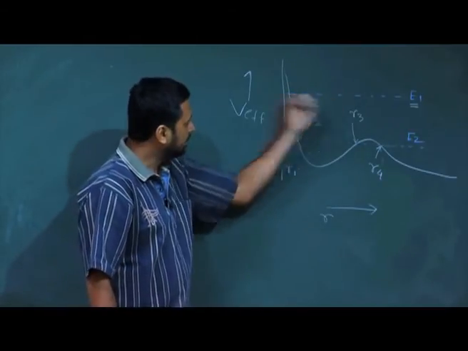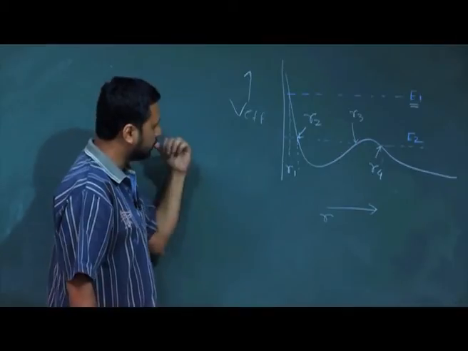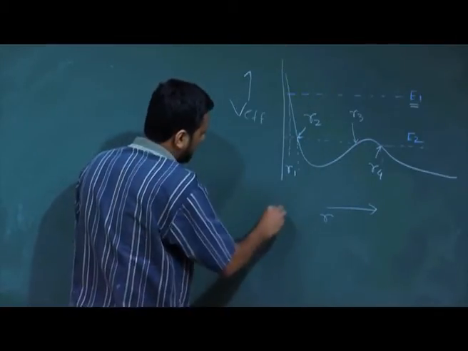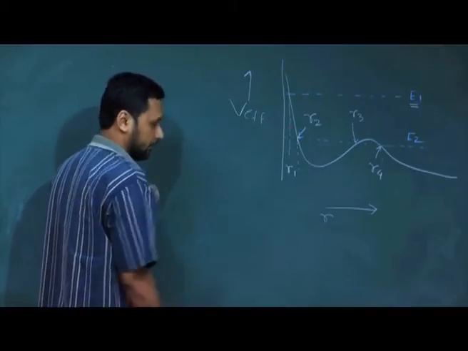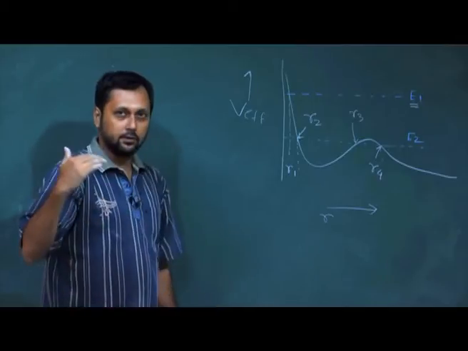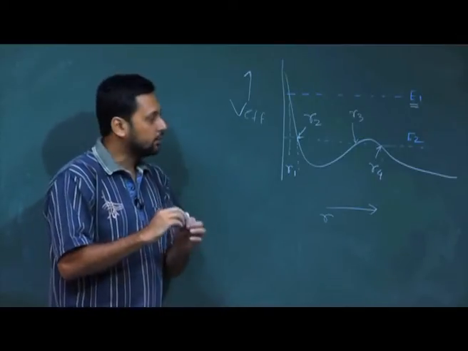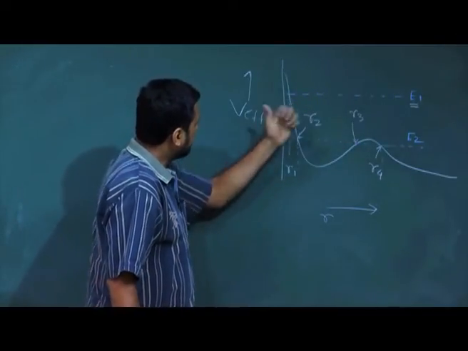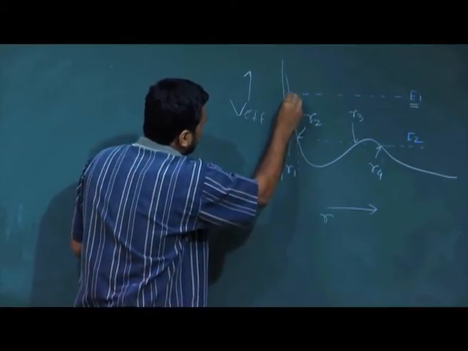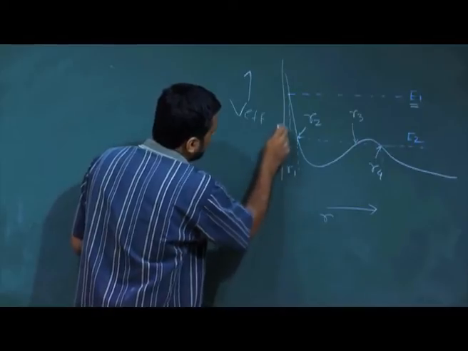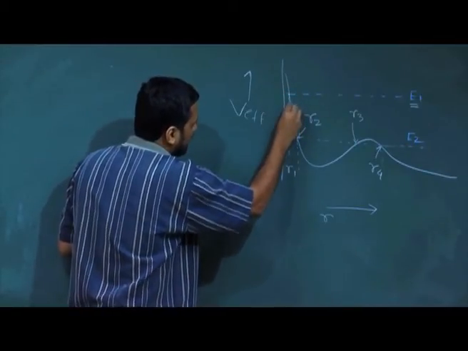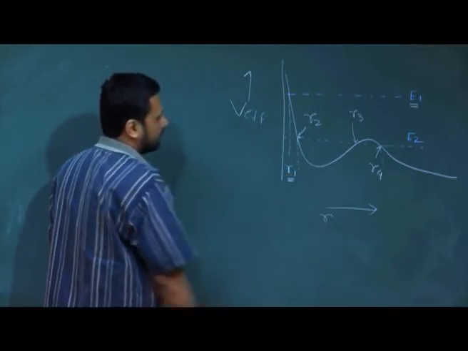So, it directly comes close to the force center. This vertical line essentially marks r equal to 0, which is the origin of the force. With this energy, it tries to come close to the origin of the force, and essentially it intercepts this effective potential at the point r equal to R1.